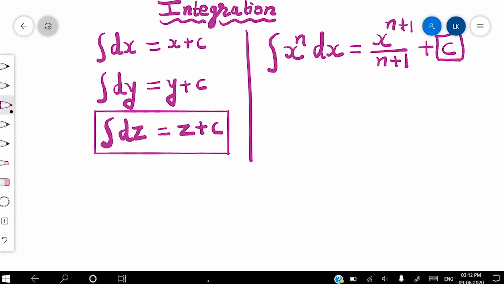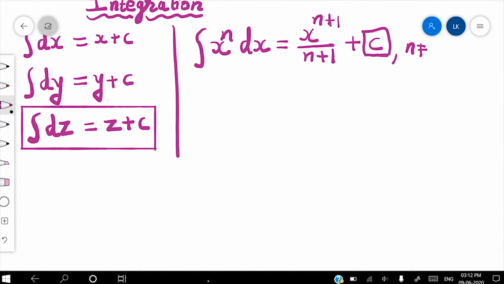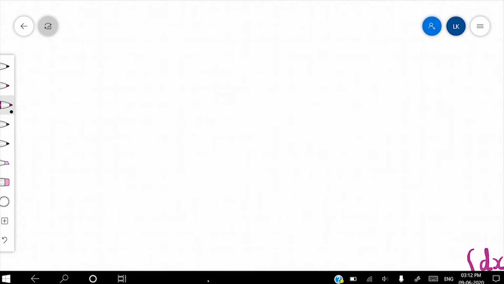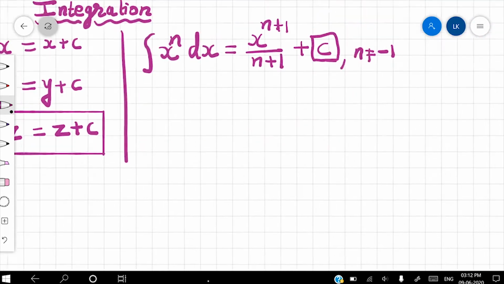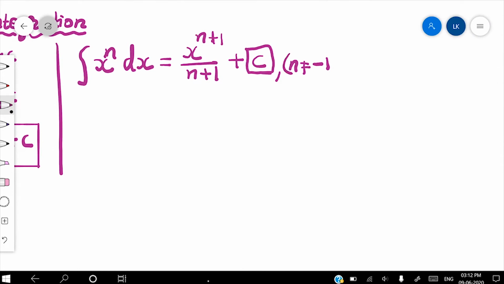C is any arbitrary constant. It is a real number, any real constant. Okay. And what is the condition for n? N is not equal to minus 1. This condition is most important. N is not equal to minus 1.